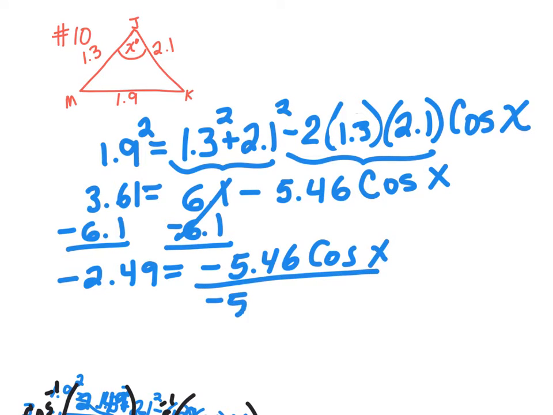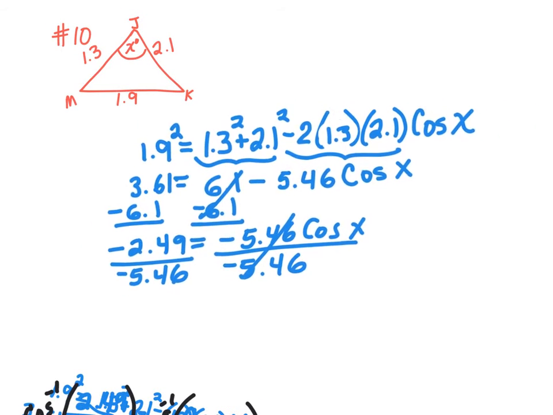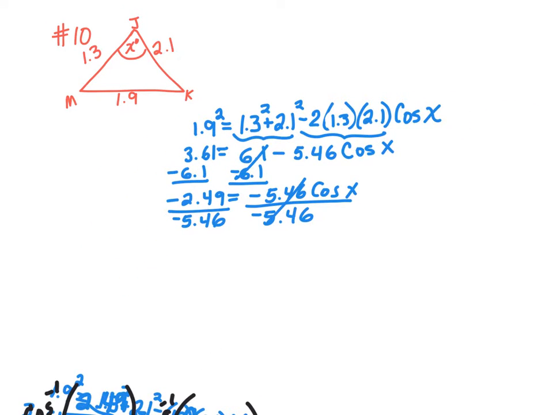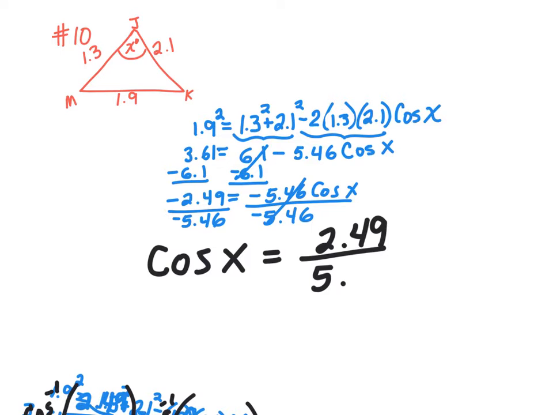Then we divide both sides by negative 5.46. That cancels out. And then let me just rewrite it. Cosine of X is 2.49, I'm not going to change anything yet, divided by 5.46.